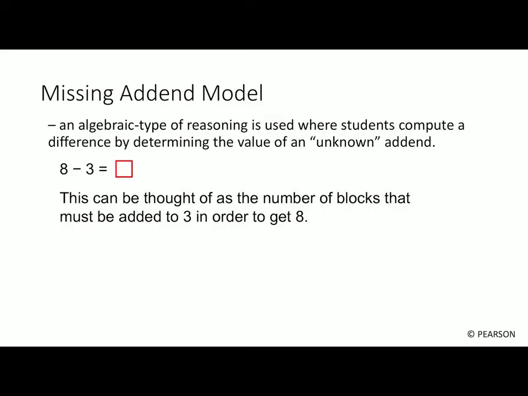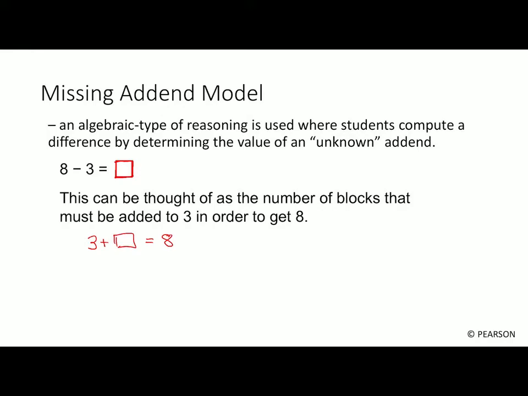The missing add-in model is getting kids to recognize that relationship between subtraction and addition. So if I wanted to do 8 minus 3, well, 8 minus 3 is some number. I'm going to call it box. I can think of that as what's the number of blocks that I need to add to 3 to get 8. So now I've turned this into an addition problem.